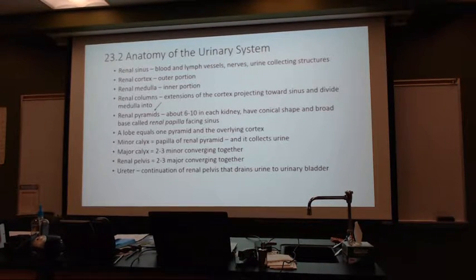In your models, if you take a peek at the base of some of these tips, the base of some of the pyramids, do y'all see something that's yellow? The sponge looking stuff?